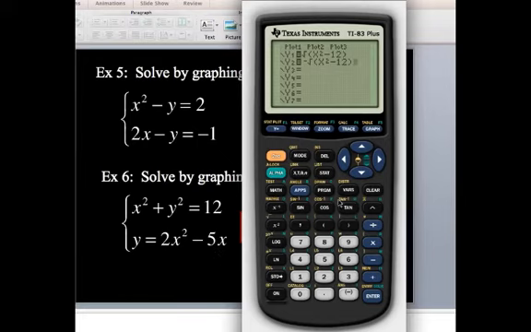Then the second equation we can just type in. So 2x squared minus 5x. We just go graph. And notice we get that shape.